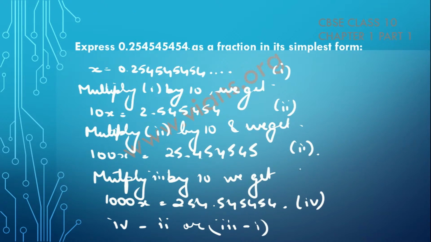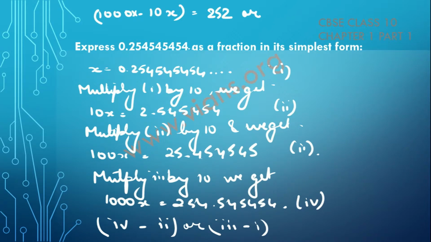If you did 4 minus 2, you would get 1000x minus 10x, and then you would get 254.5454 minus 2.5454, that would be 252. That's one way of writing this.